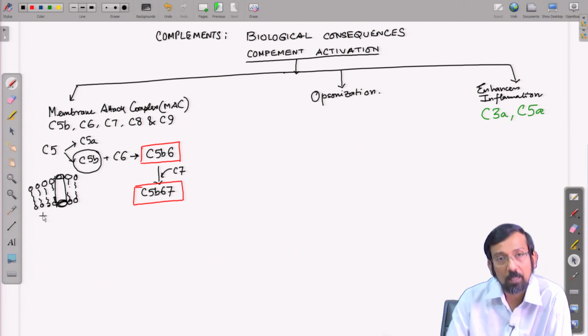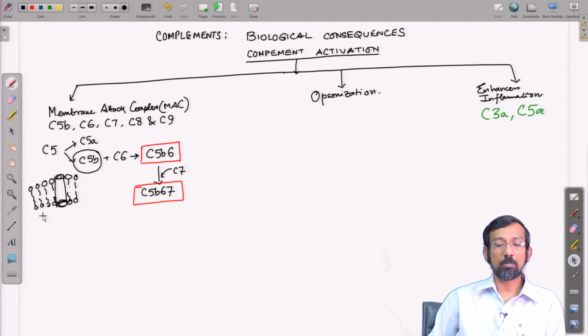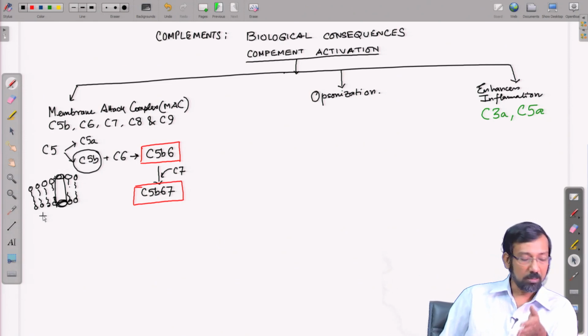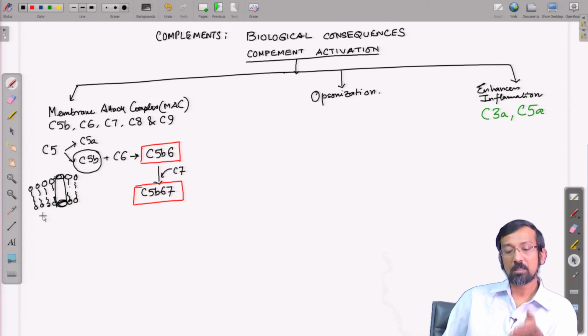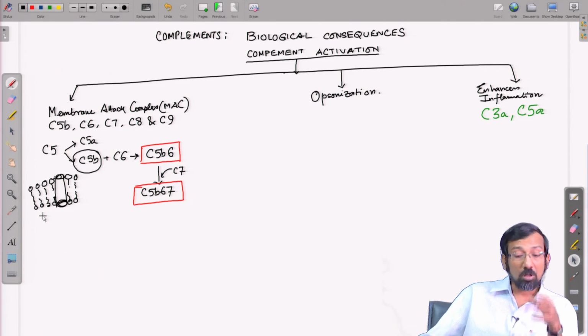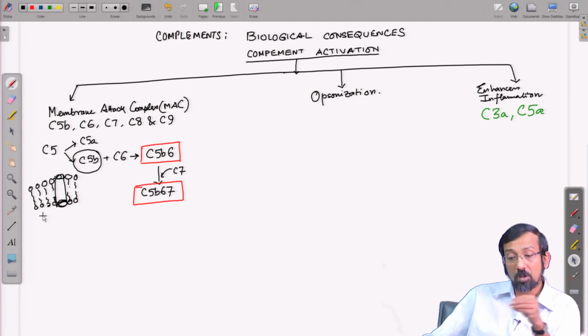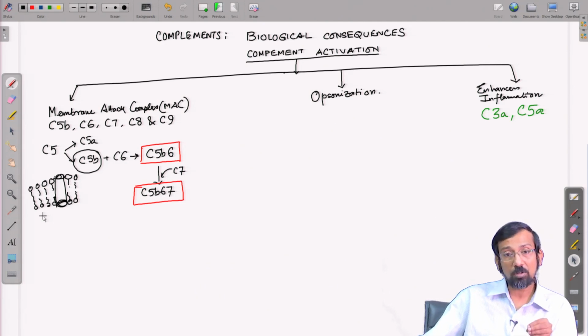Now, as I was telling you, most of the time this complement activation process and the assembly of these complement proteins take place on the surface of the cell, but sometimes they also take place not only on the surfaces, but also in isolated complexes.